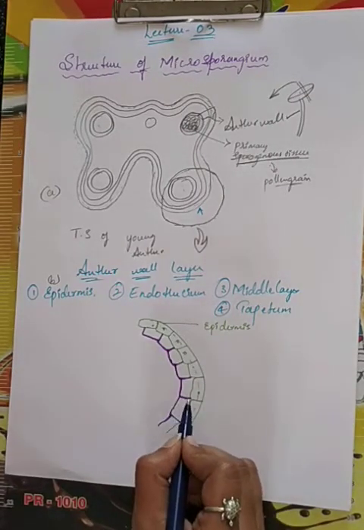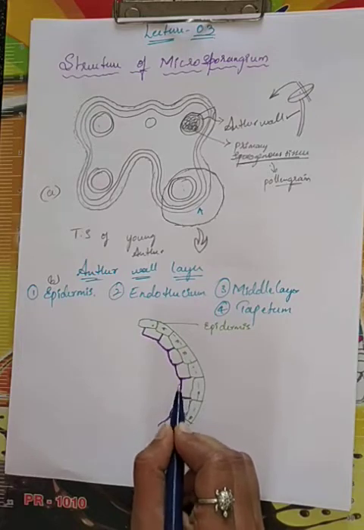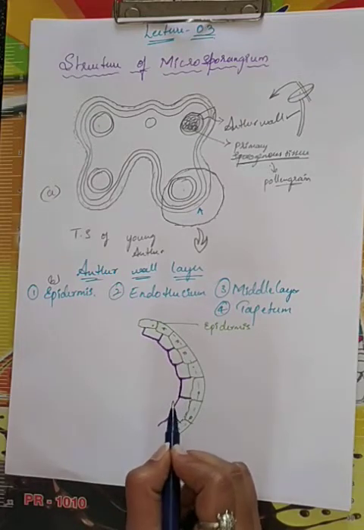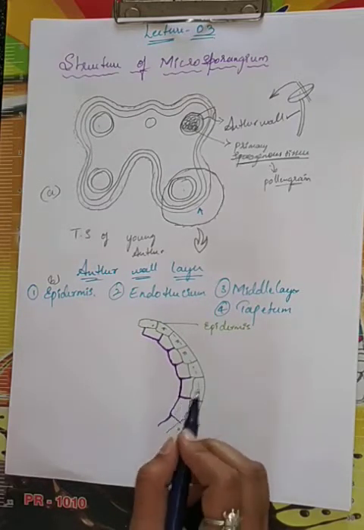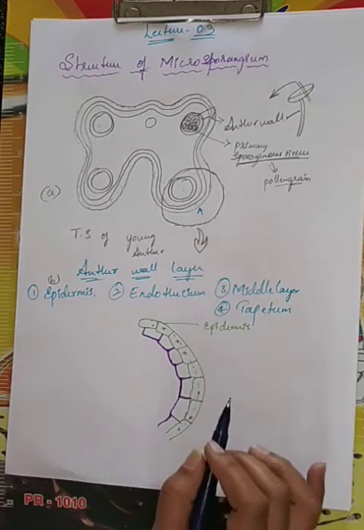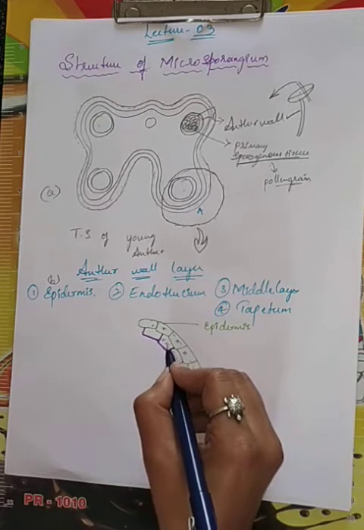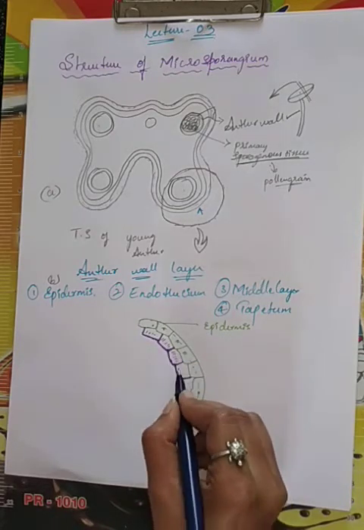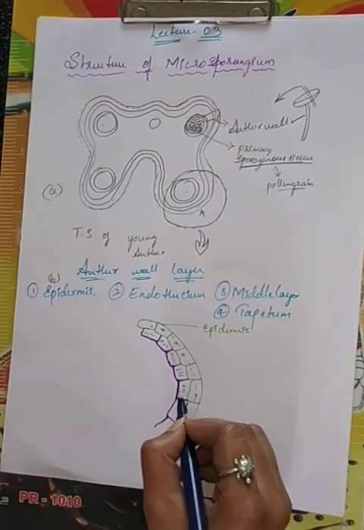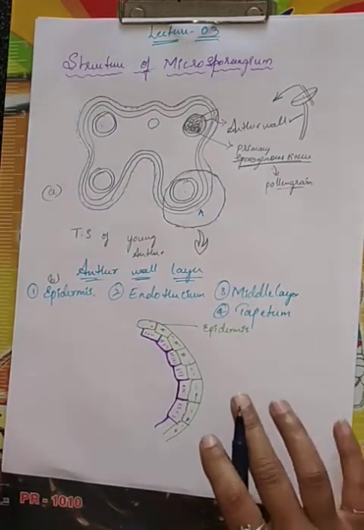Why is it thick, children? Why are this radial wall and this inner wall thick? This thickening is due to alpha cellulose fibers. Due to these fibers, the radial layers and the inner wall layer will be very thick.